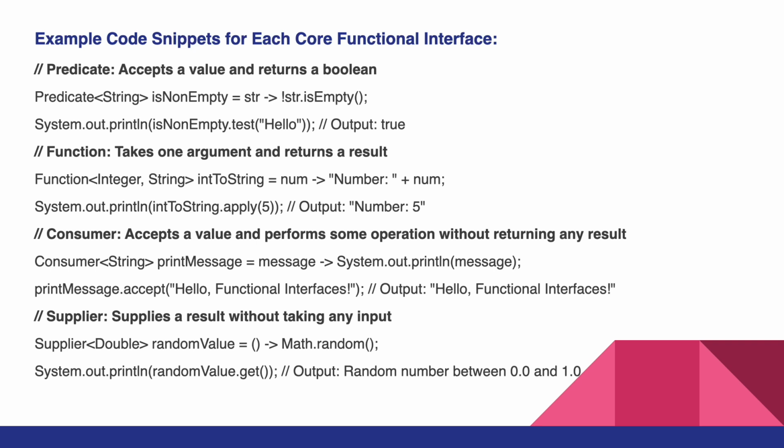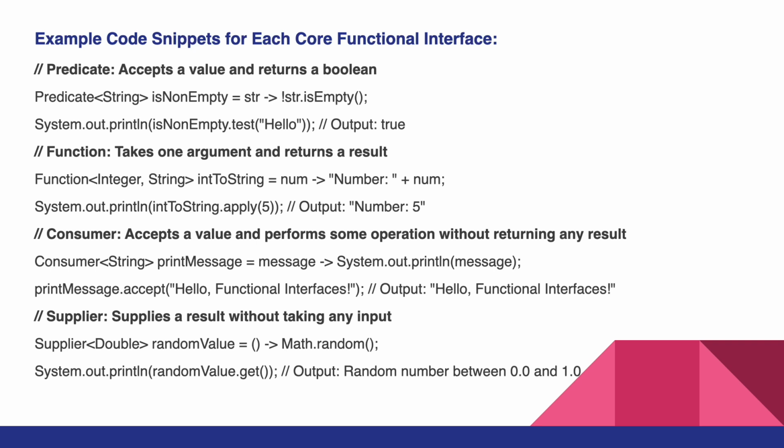The Predicate interface takes a value and returns a boolean, which is useful for filtering data. The Function interface takes one argument and returns a result, making it perfect for transformations.